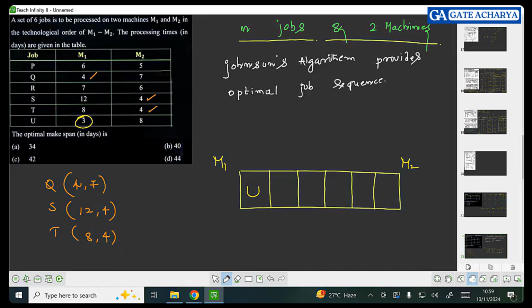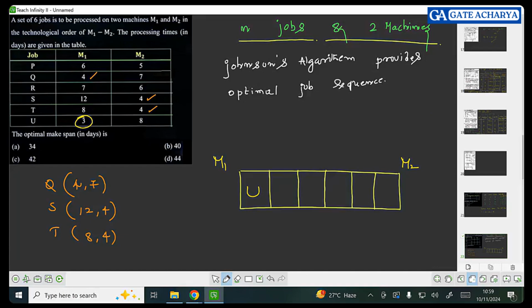Now from here you need to select which one is the next. Whenever you have equality, or the same processing time for different jobs, which one are you supposed to select?